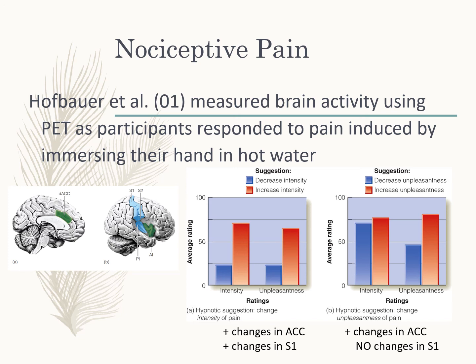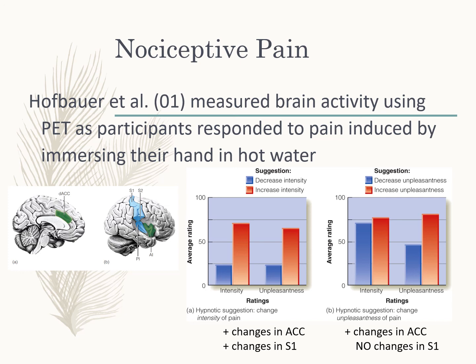If we look at the ratings when they are hypnotically decreasing and increasing unpleasantness, we see people rate their unpleasantness as lower in the decreasing unpleasantness condition and as higher in the increasing unpleasantness condition. So again, the hypnosis is working and it is influencing their ratings of unpleasantness. And here it is not influencing their ratings of the intensity, right?